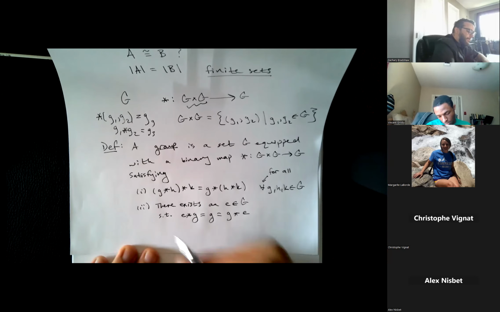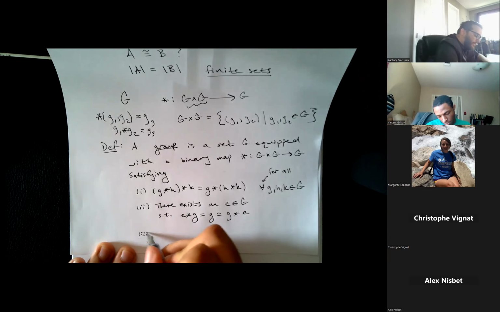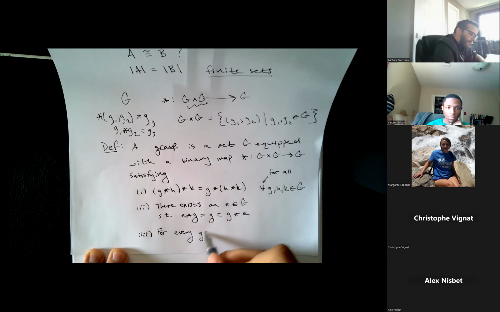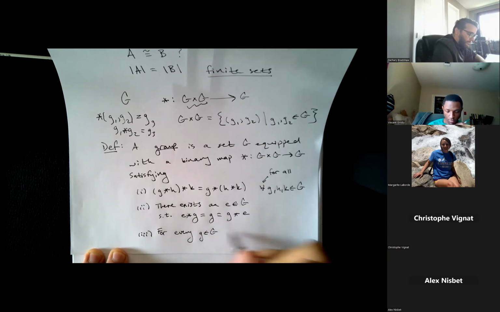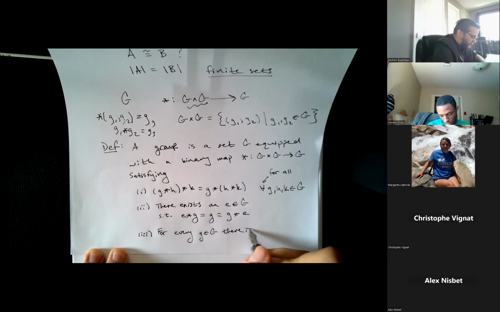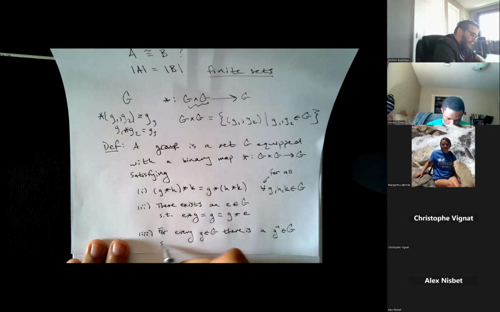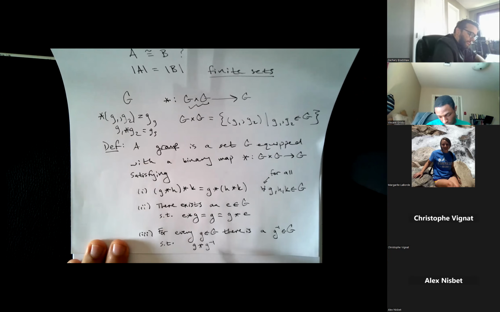And then the last thing you need is the existence of inverses. We need that for every G in the group there is another element, which we call G to the minus one, or G inverse, such that G star G inverse is the identity.